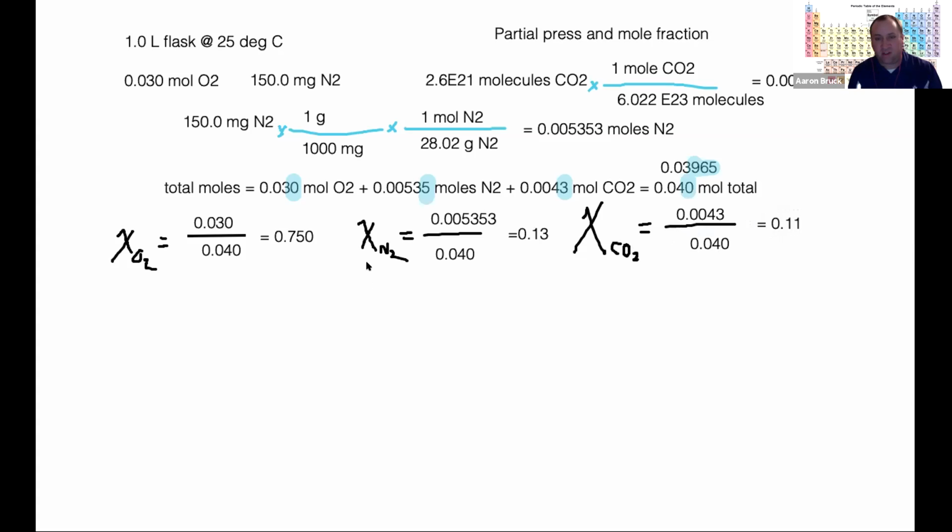Now, you may be saying to yourself, well, hold on, wait a second. These 3 don't add up to 100%. They add up to 0.99. That's not terribly uncommon when we have a lot of rounding to deal with.